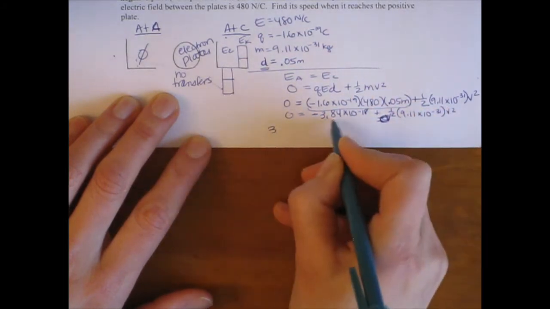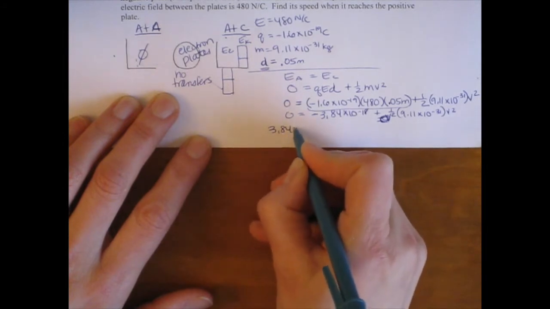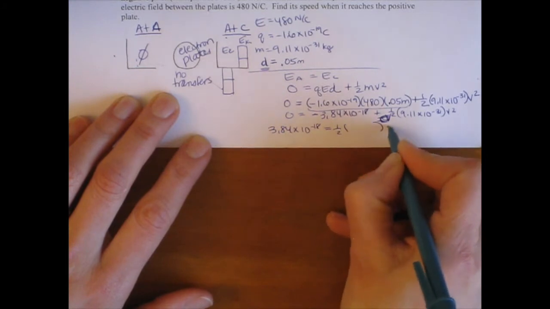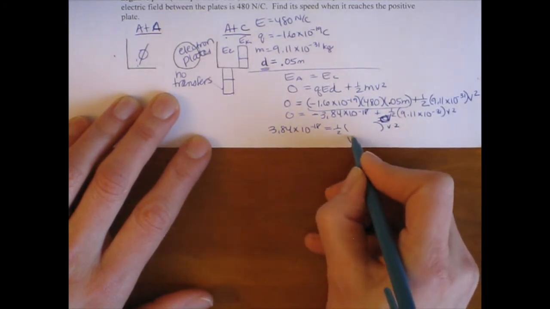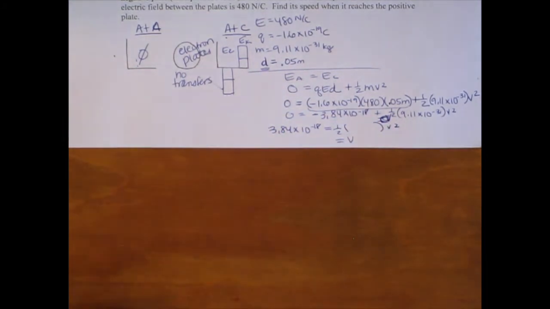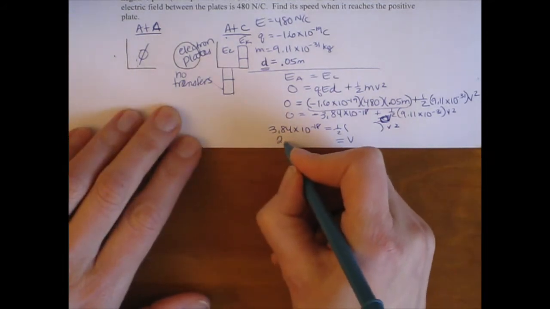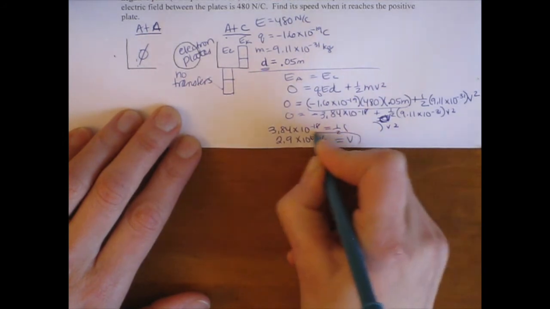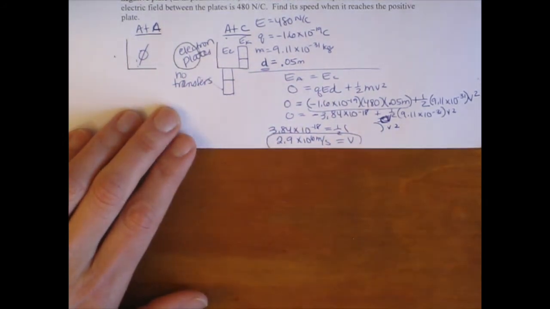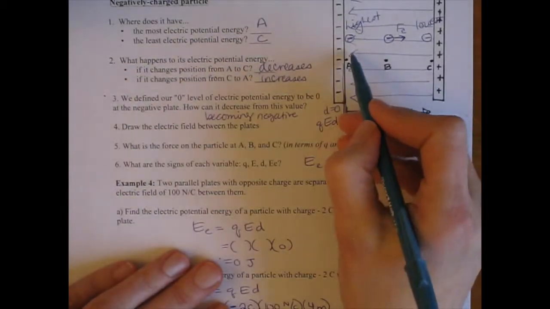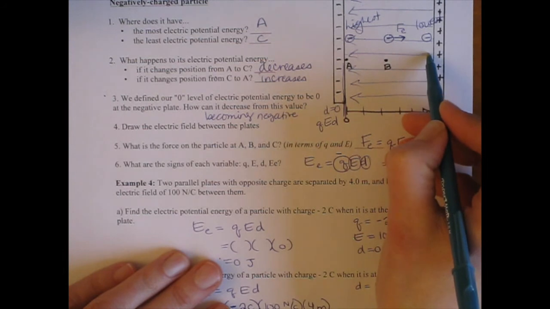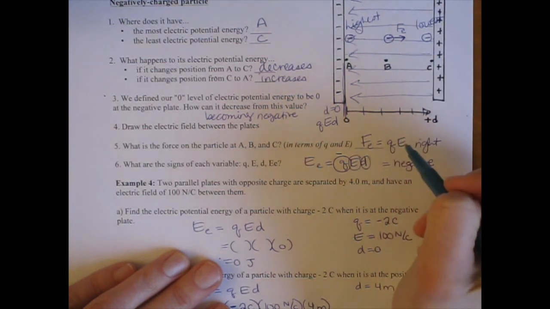And so then we can add this to both sides. 3.84 times 10 to the negative 18 equals 1/2 times the mass times v squared. And then solve for v and make sure that you get 2.9 times 10 to the 6 meters per second. Okay, so it increased in speed because as it moved from here to here, it had a decrease in electric potential energy and an increase in kinetic energy.